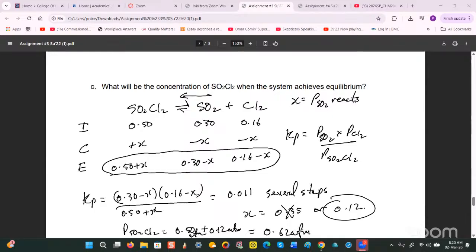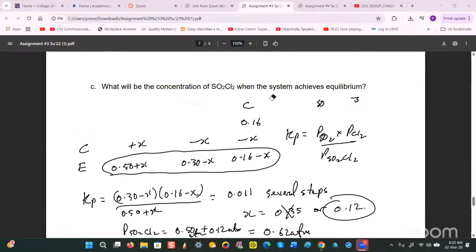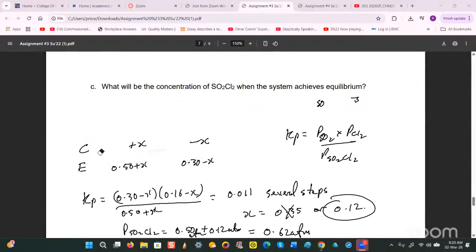Okay, but we're not finished because the question is asking for the concentration. Let me just erase the top part here since I'm going to need the space. The question is asking for the concentration of SO2Cl2. What we have found so far is the pressure of SO2Cl2. So the question now becomes, how do we get the concentration based on the pressure? And it goes back to the ideal gas equation, or a form of it.